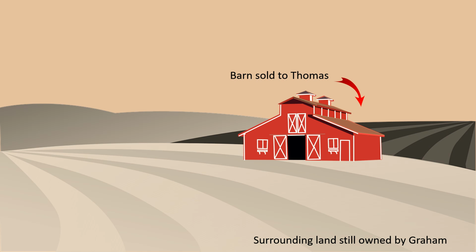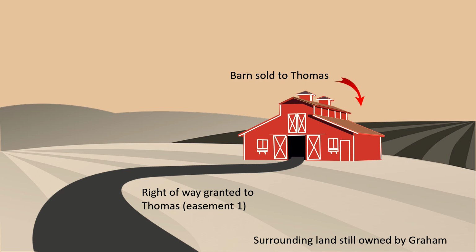so because we have a bit of a difficult situation now, there's not really a road or anything, a public road leading to the barn. It would be really difficult for Thomas to actually access the barn if there was not a right of way granted through the surrounding land that's still owned by Graham.